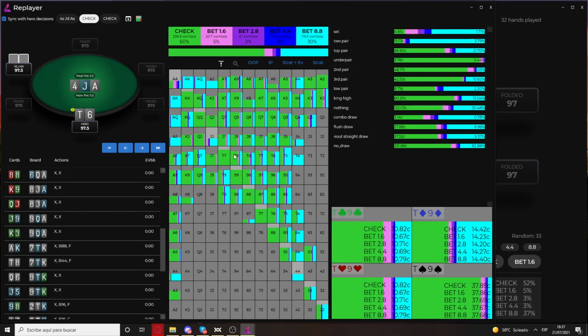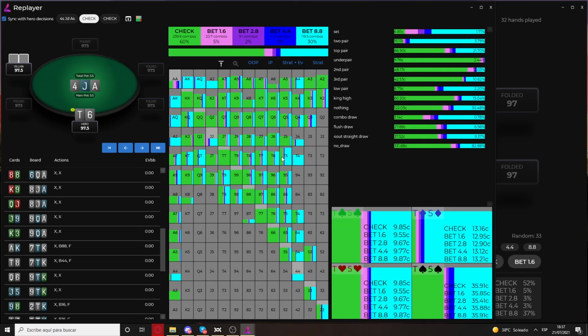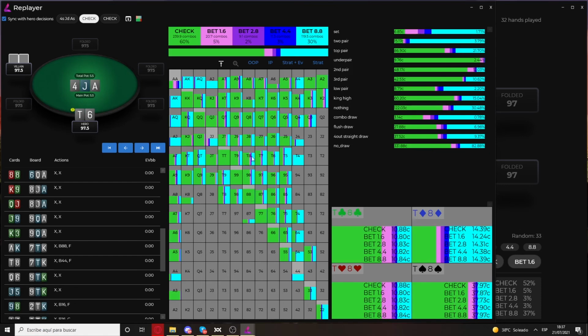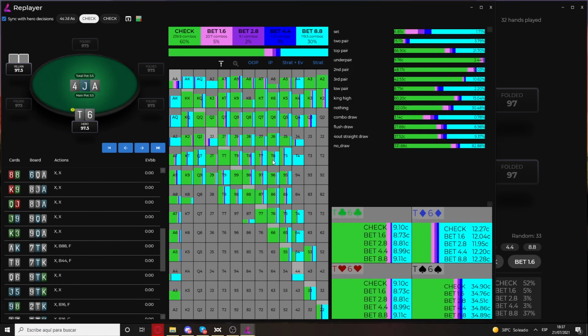Kind of interesting, this pattern where the nothing hands are betting more often than the flush draw. I would honestly not look too much into that. I don't really know why that is. I don't really care too much, but it's interesting.